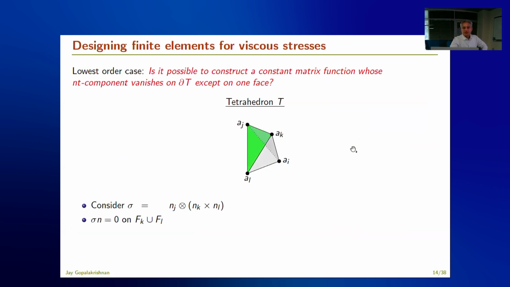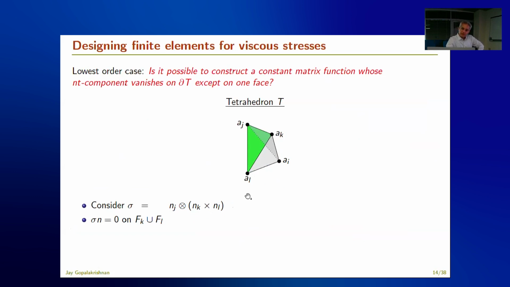Okay, so the first observation is that if you have a constant matrix field like this, and you multiply it with NK or NL, you get 0, because the cross product is orthogonal to its arguments. Therefore, we conclude that sigma n is 0 on the face opposite to AK, and the face opposite to AL. So it's 0 on two faces.